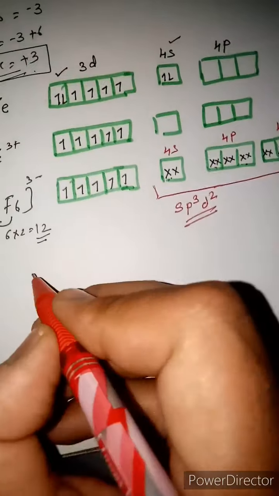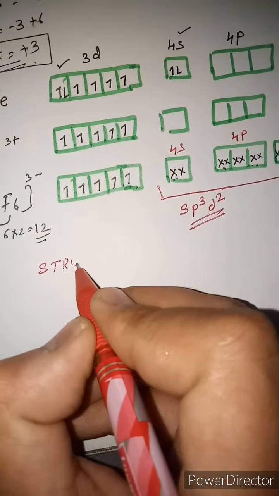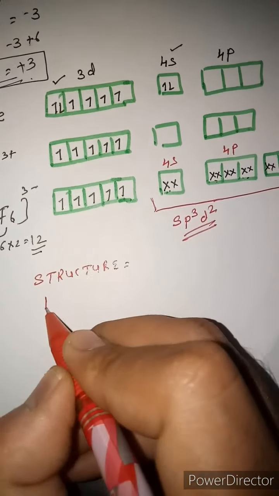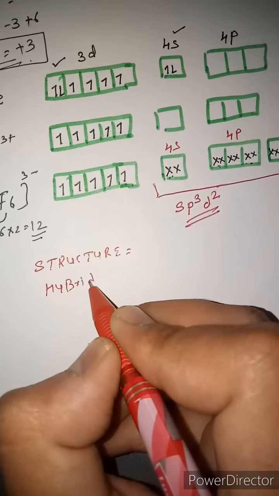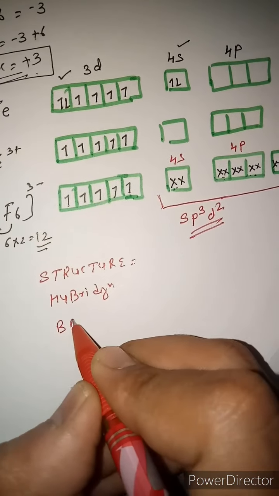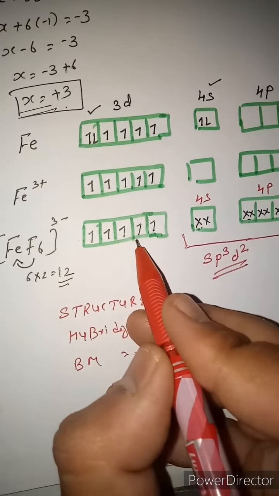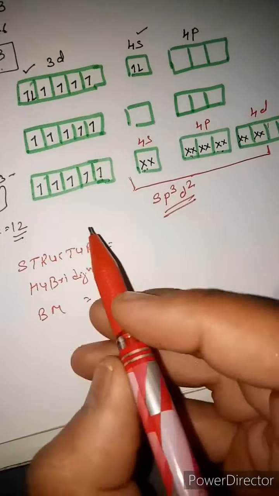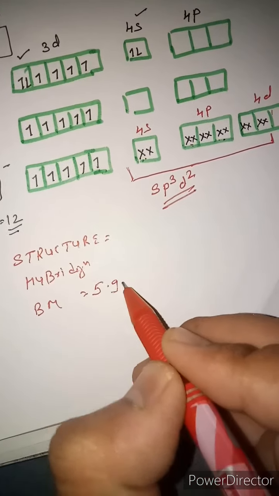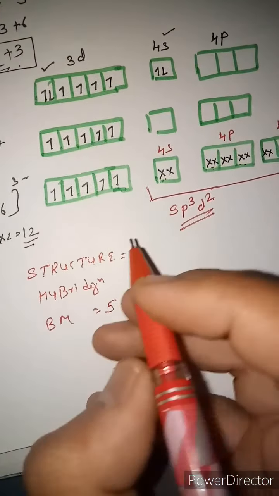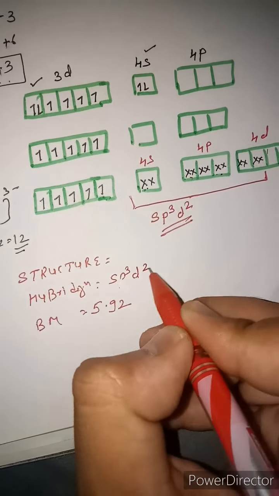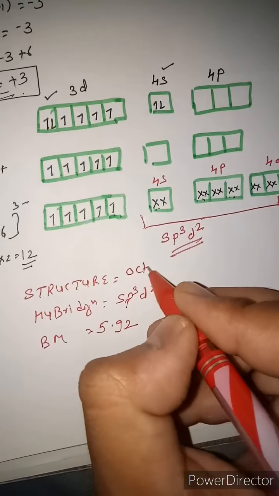Now structure. How to get the structure? Then hybridization and Bohr magneton. As we know, there are 5 unpaired electrons. I just told you earlier that for 5, it means 5.92. So here you write 5.92 BM. Hybridization is sp3d2 and the structure is octahedral.